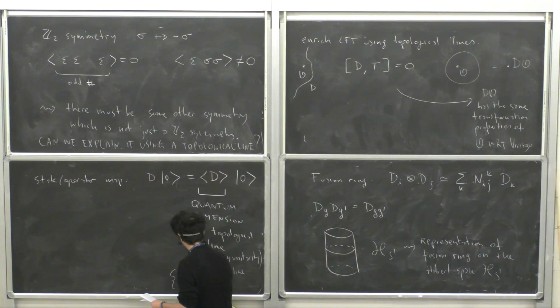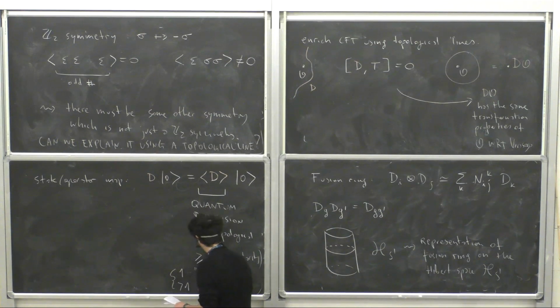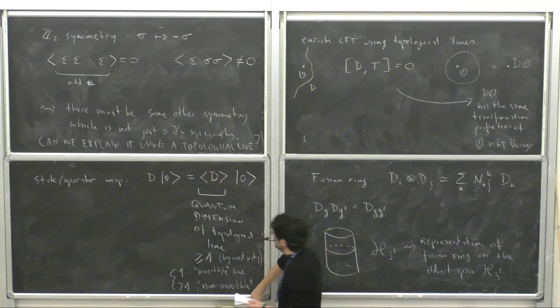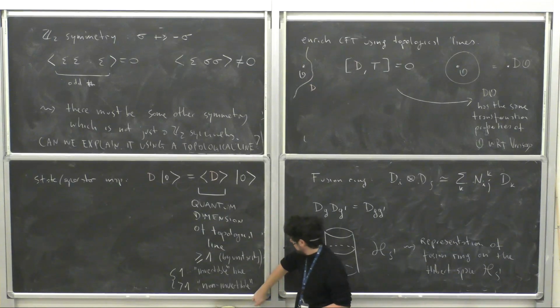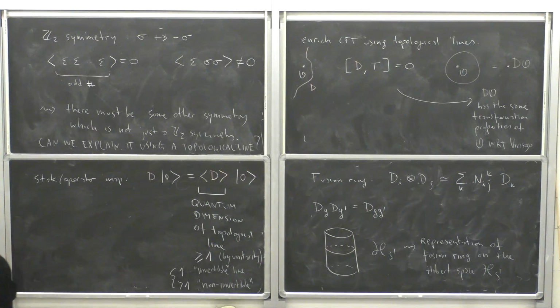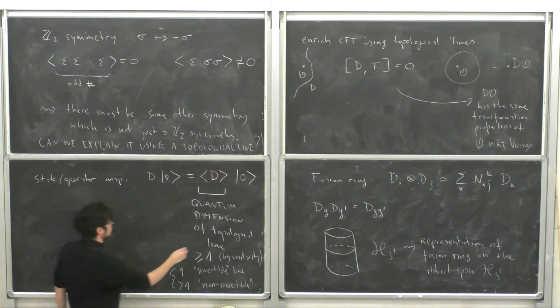And if instead it is greater than 1, the line will end up being non-invertible. Something that we will learn how to interpret. For the moment, take it as a definition. Okay, the quantum dimension.